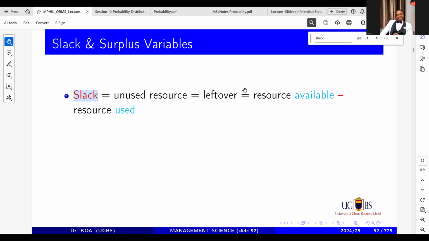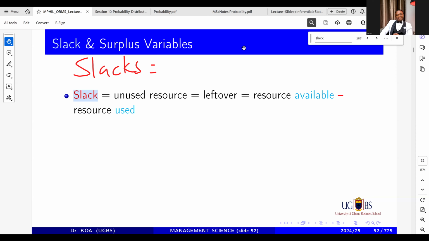All right, so I want to start by first explaining what slacks are. Slack variables are unused resources. They are the leftover resources when you have used the available resources. And therefore, slacks are defined as wastages.